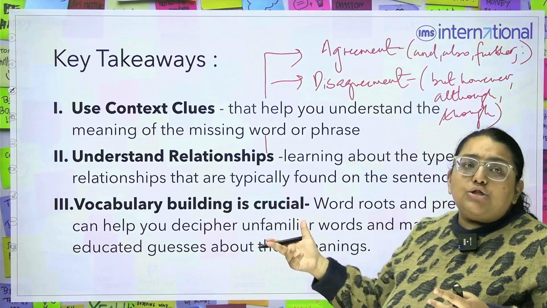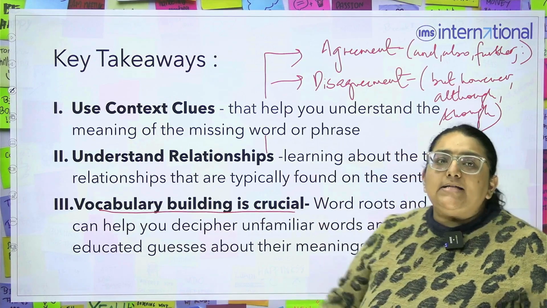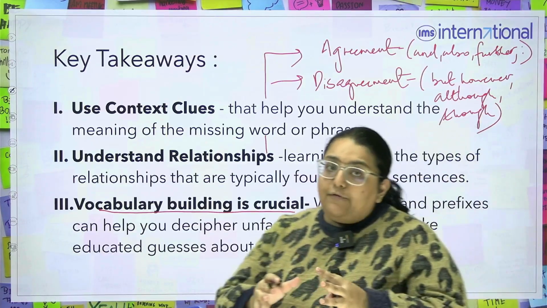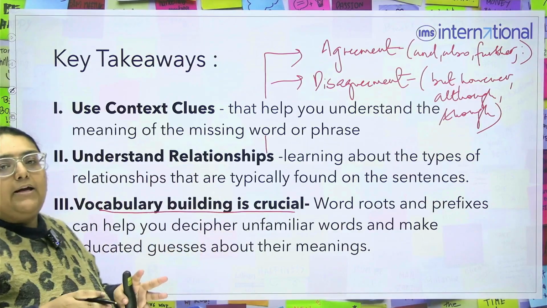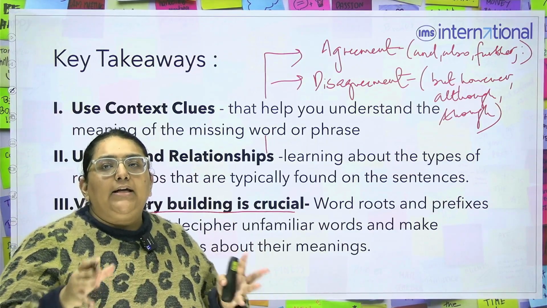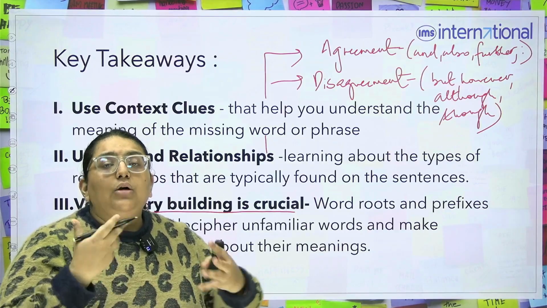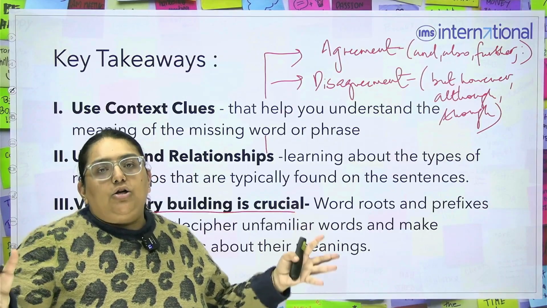Third and most important is vocabulary. Building your vocabulary is very crucial. I cannot stress enough how important vocabulary is when it comes to preparing for the GRE. It is said that an average Indian student needs to learn about 1000 to 1500 words to come to the level of English that is tested on your GRE.